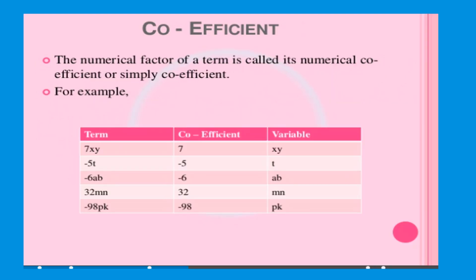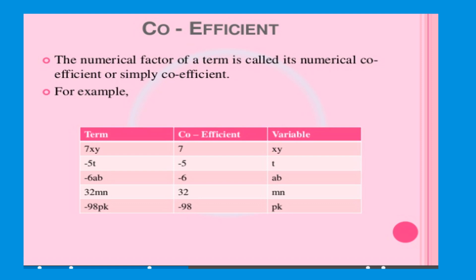Now, what are coefficients? The numerical factor of a term is called the numerical coefficient or simply coefficient. For example, 7xy is a monomial expression. Here 7 is the coefficient and xy is the variable. Minus 5t: minus 5 is the coefficient, t is the variable.